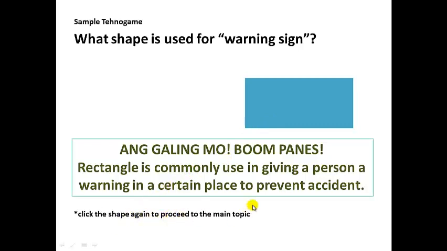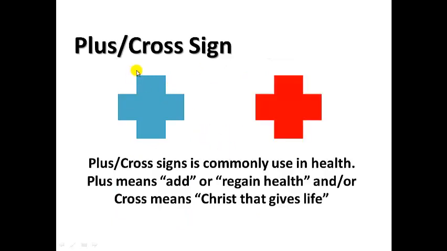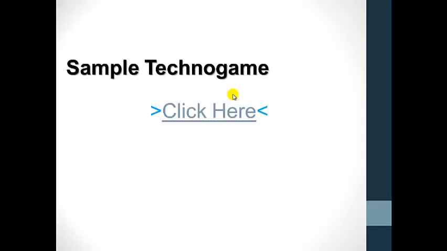Therefore, click the shape again to proceed to the main topic, which is the shapes used in signs. It is only intended for samples only. So that's the simple flow of a sample Technogame or interactive PowerPoint presentation.